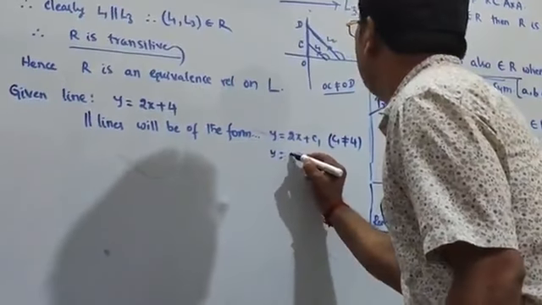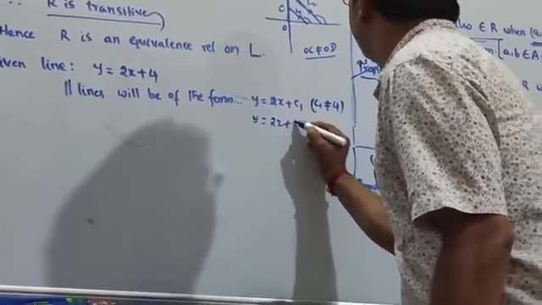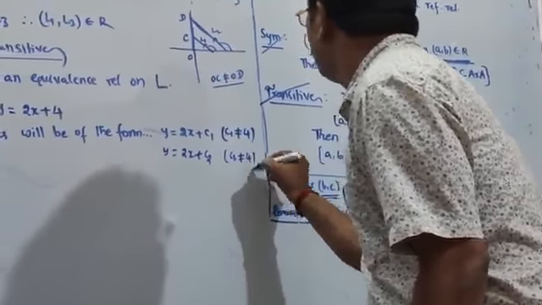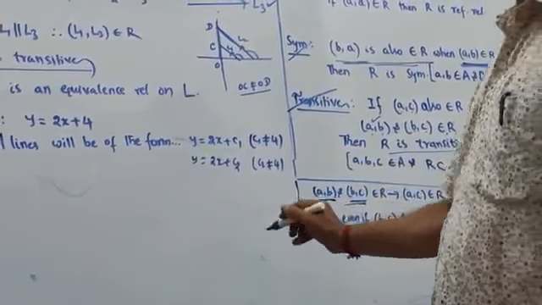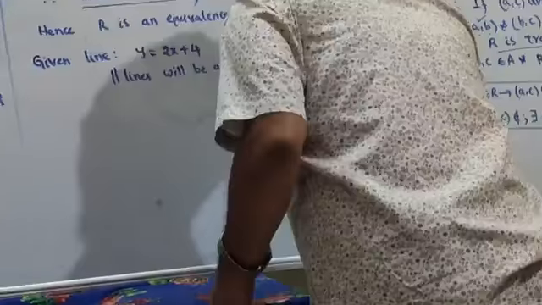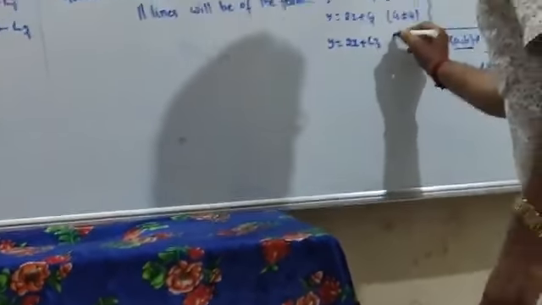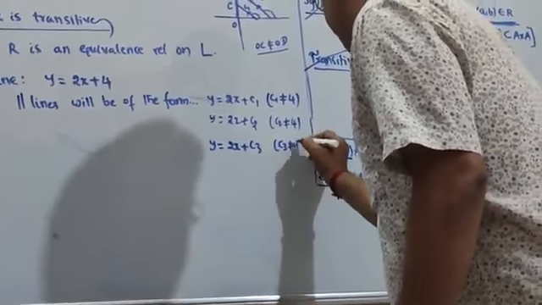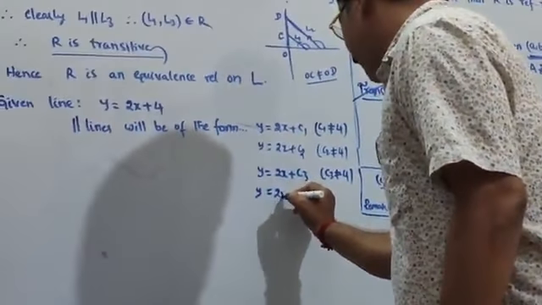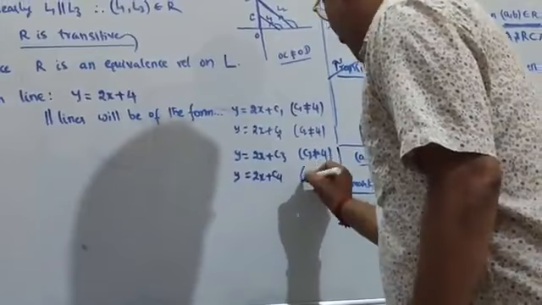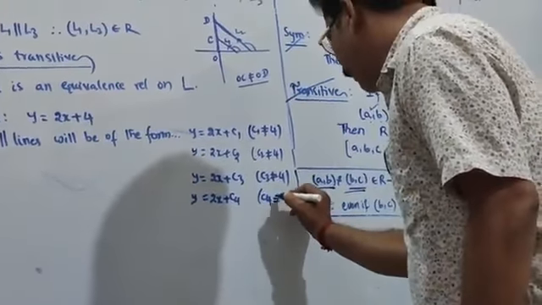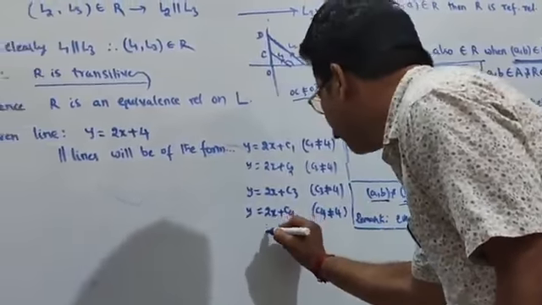Next, y equal to 2x plus c2, mind it, c2 is not equal to 4, a different constant. y equal to 2x plus c3, so c3 is different from 4. y equal to 2x plus c4, c4 differs from 4, just like that, and so on.